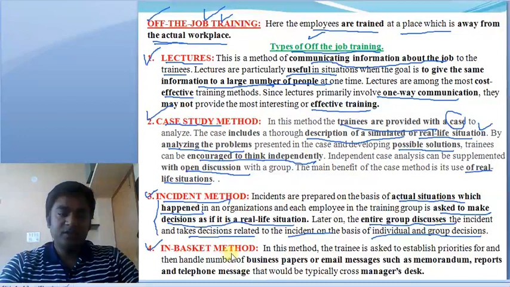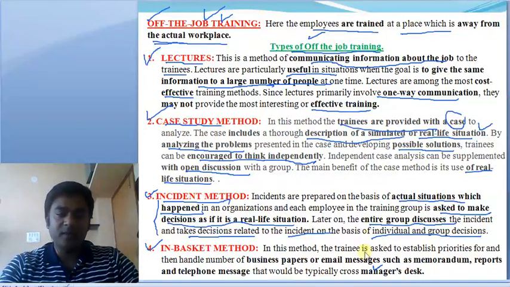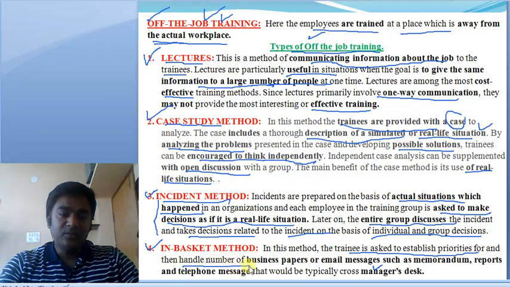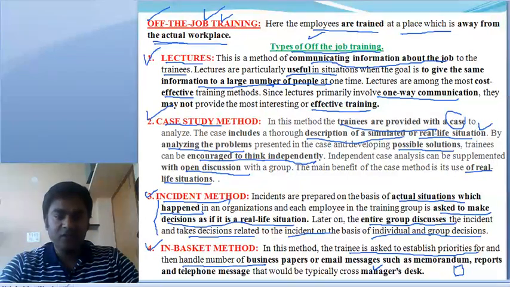Then the fourth method is the in basket method. Especially this method is useful for giving training to managers, or those who are at middle or top level of the management. Here the trainee is asked to sit in a chamber, in an office.